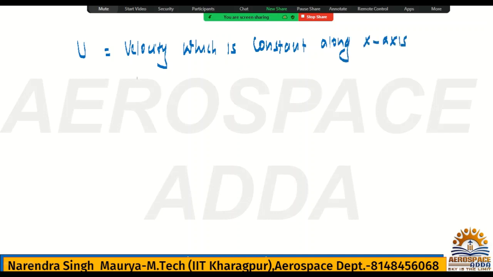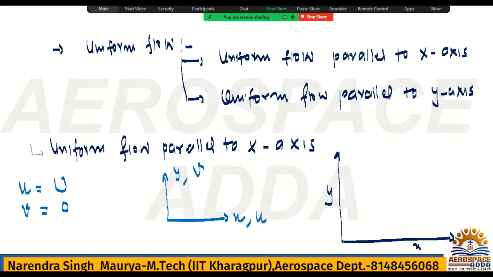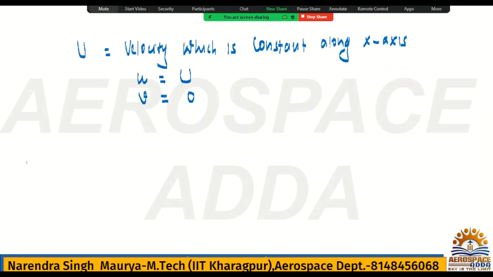So the x component will be u, with capital U, and in y direction the velocity will be 0, because you are talking about the uniform flow parallel to x axis. For that reason small u will be capital U, and capital U is the total velocity along the x axis. Okay, fine.